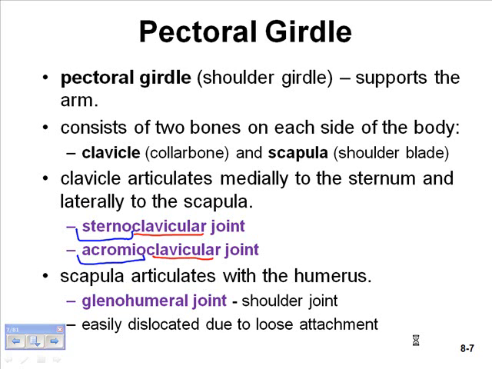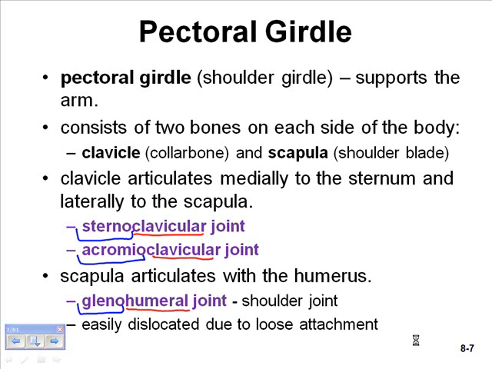On the scapula, or the shoulder blade, you have it articulating with the humerus on the lateral side of the shoulder. So where the head of the humerus, which would of course be the ball, would fit into the glenoid cavity of the scapula, hence the term glenoid, forming the shoulder joint.